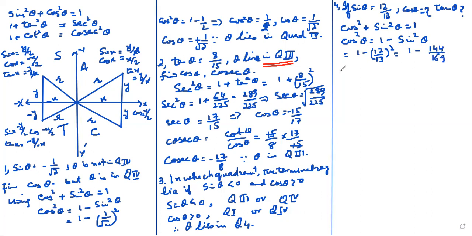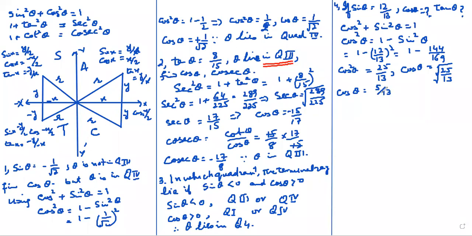So when we do it, cosine square theta equals 25 over 169, or cosine theta equals plus or minus 5 over 13. Nothing is given, so we take it that the terminal ray is in the first quadrant. So cosine theta equals 5 over 13.